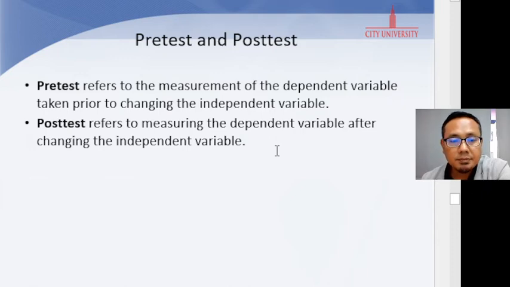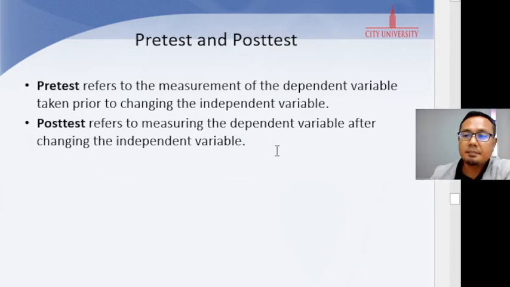Post-test refers to measuring the dependent variable after changing the independent variable. The independent variable is something that contributes to the dependent variable. So we do the pre-test and post-test and try to compare these two results.